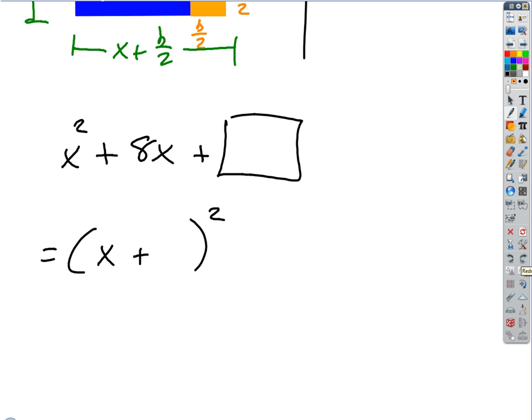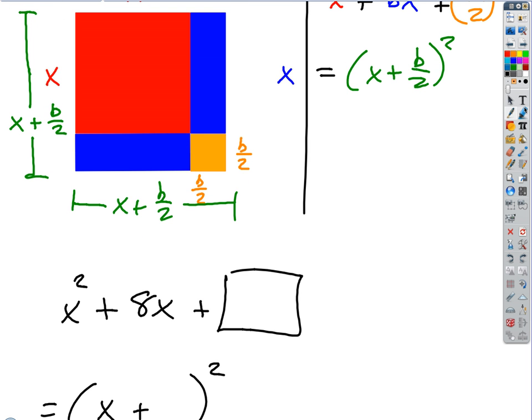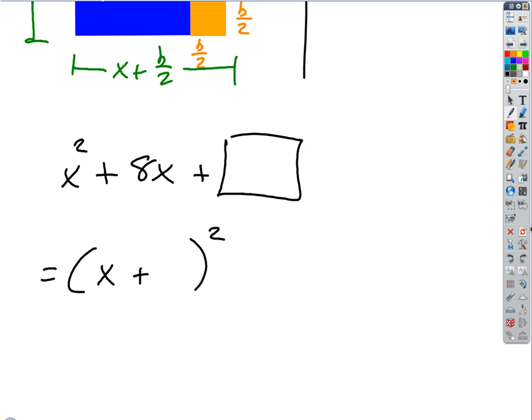We know that the perfect square trinomial we're going to build is just x plus b over 2 by x plus b over 2. Well, b over 2 in this case is 8 over 2, which is just 4, right?